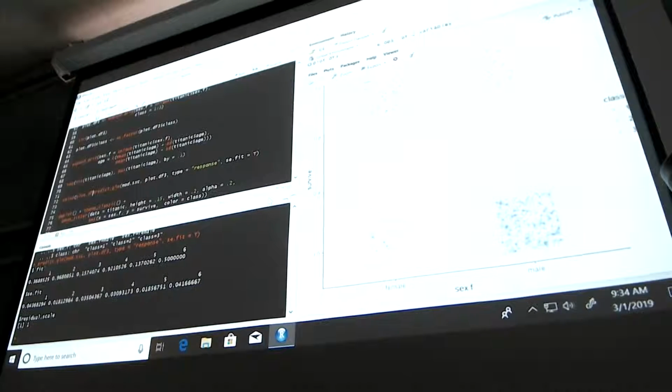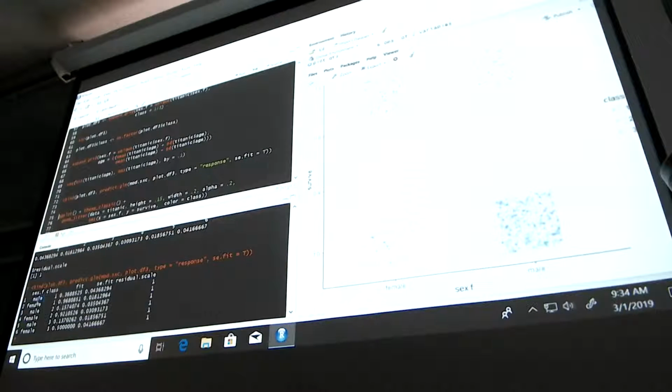So plot DF3, predict GLM. And now it outputs each of the predictions, the fit, and the standard error. And so we will assign this back to plot DF3.